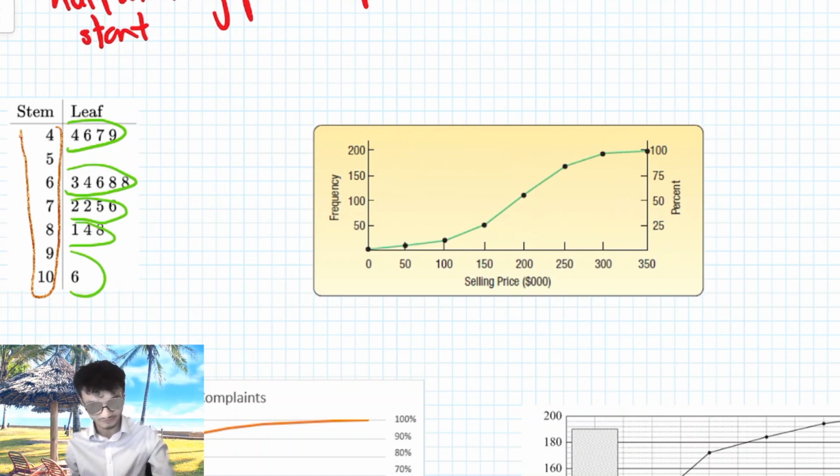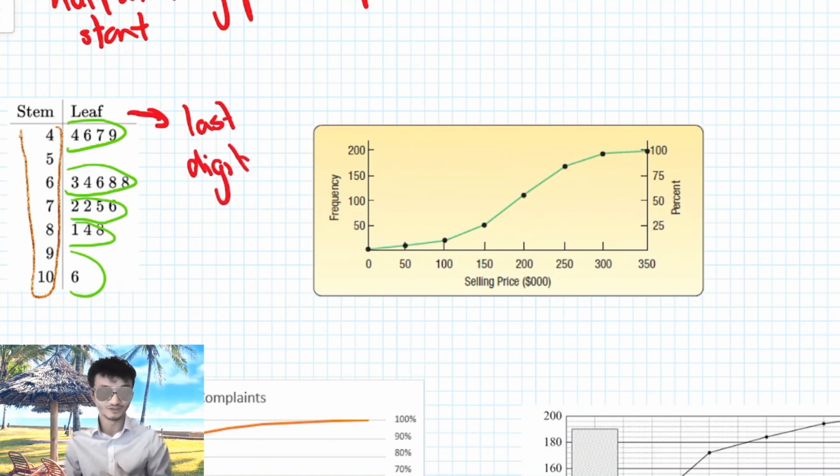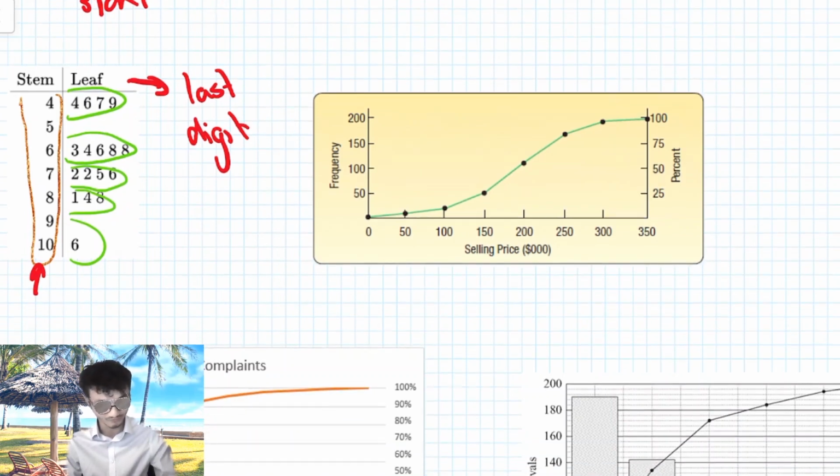The leaf is the last digit of your number, and the stem is your first digit in this case, or sometimes you can see we've got the first two digits here as well. So for example, here's a number, that would be 44. This one would be 46.